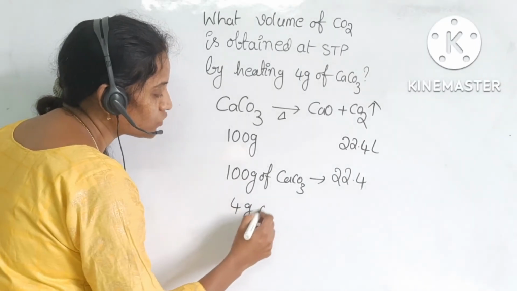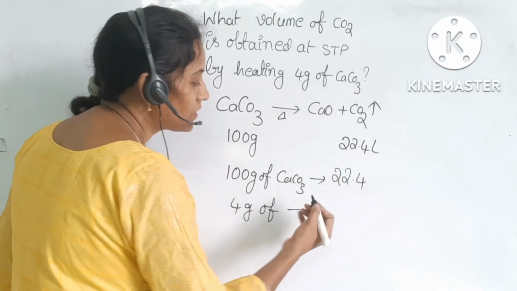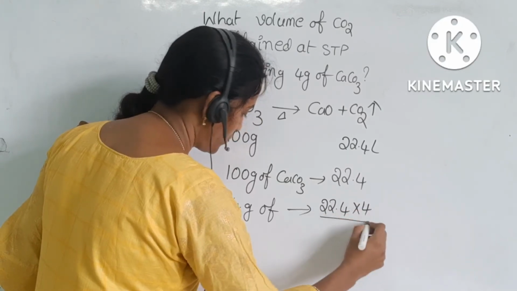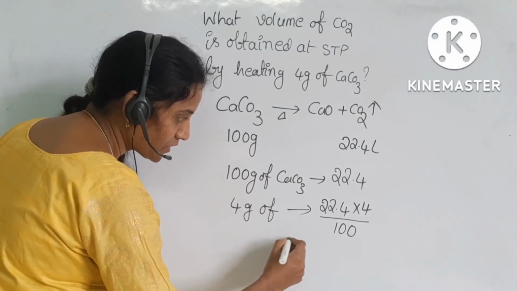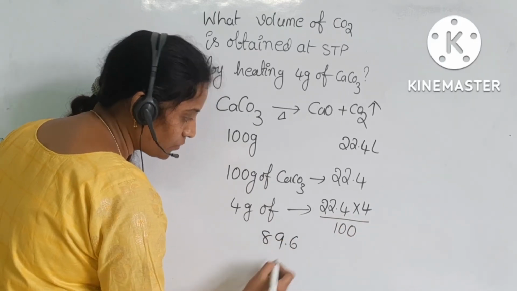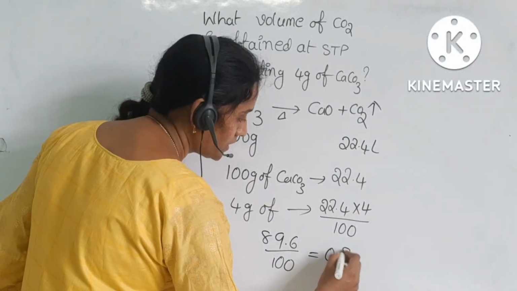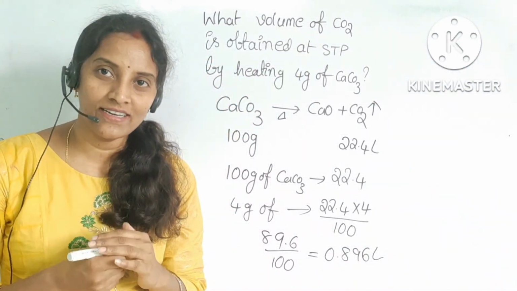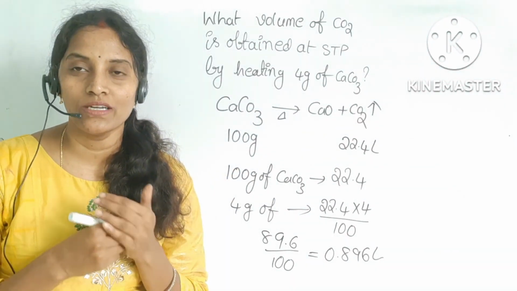Then 4 grams of CaCO3 releases how many liters of carbon dioxide? You should calculate 22.4 into 4 upon 100, that is 89.6 upon 100. So you can write it like this: 0.896 liters of CO2 will be released if 4 grams of CaCO3 is heated.